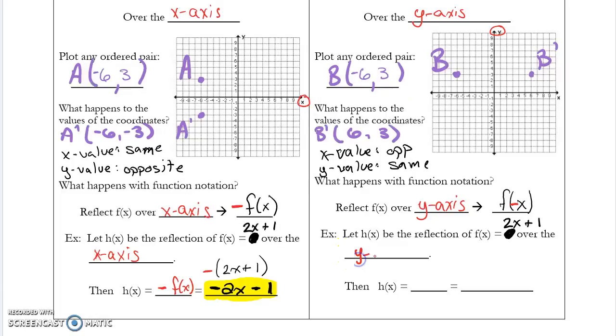And then if I'm reflecting over the y-axis, I'm now going to be taking the original y value, but change my x value. So that, when I'm plugging into my function, looks different.